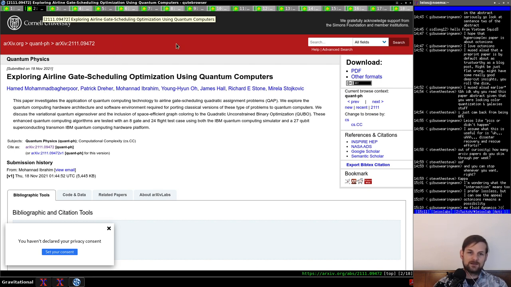Exploring airline gate scheduling optimization using quantum computers. What? This paper investigates the application of quantum computing technology to airline gate scheduling quadratic assignment problems. Right. Okay. We explore the quantum computing hardware architecture and software environment required for porting classical versions of these types of problems to quantum computers.